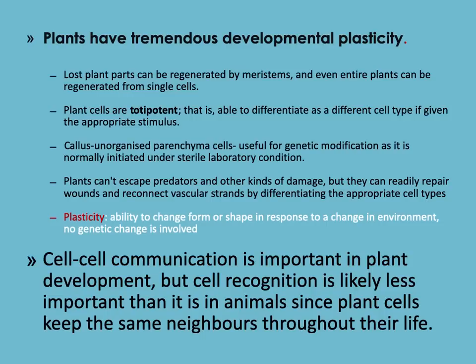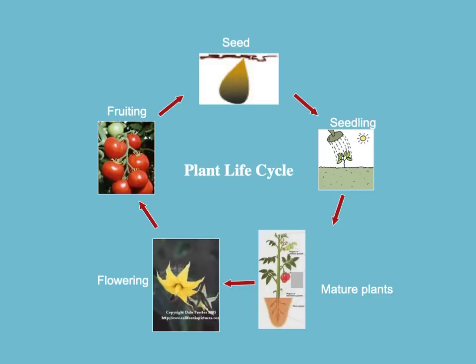This involves a lot of cell-cell communication, which is important in plant development, but cell reconnection is likely less important than it is in animals, since plant cells keep the same neighbor cells throughout their life.